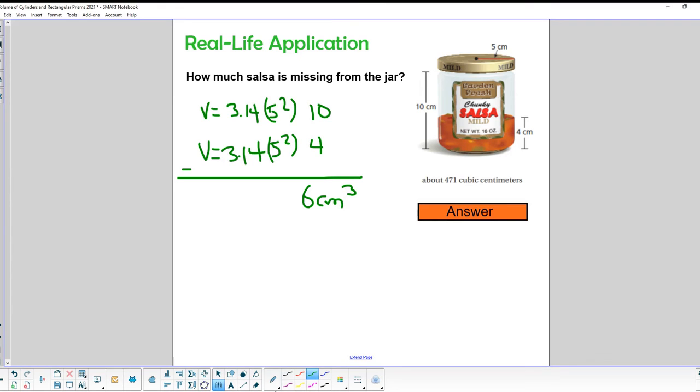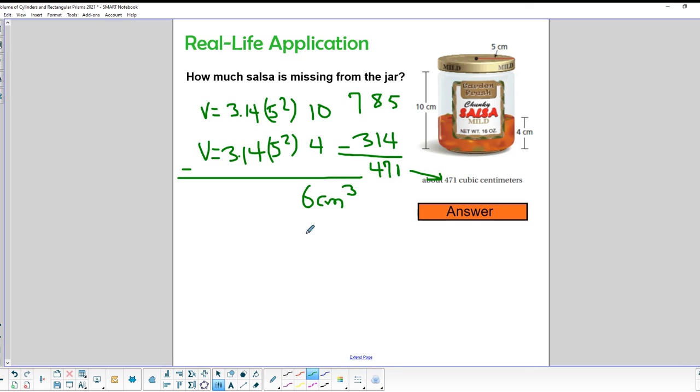So 3.14, well, actually, I multiply them out individually. So the first one would be 785. The second one would be 314. And so when you subtract 785 and 314, you indeed get 471. Okay? And that's the number we're looking for.